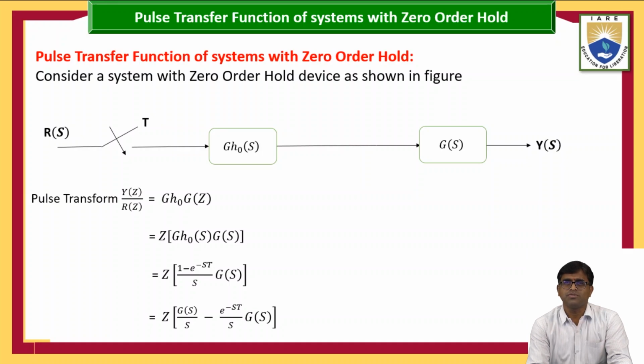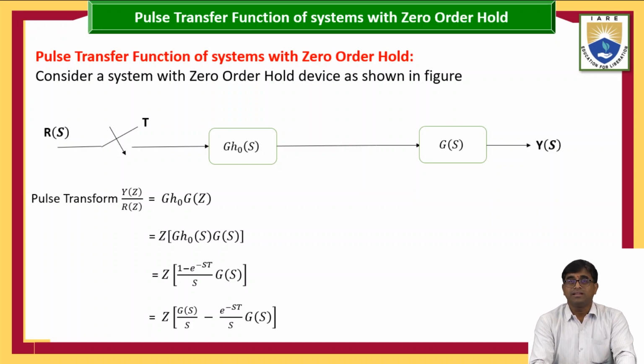In that one, I am using a zero order hold device, which is in front of the system. So I am taking the zero order hold device with respect to the pulse transfer function, that is Y of z by R of z, where I am giving the pulse before the zero order hold device.